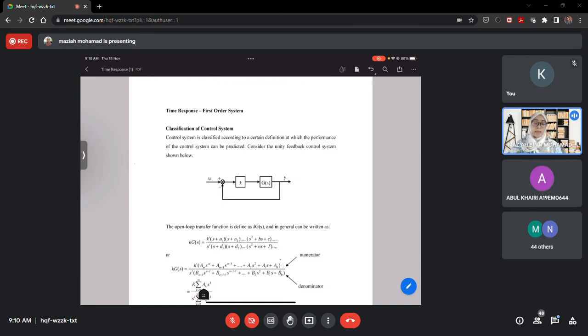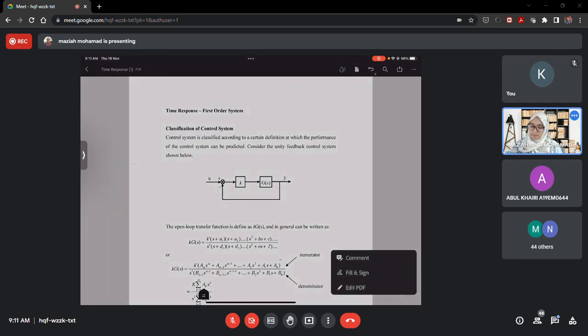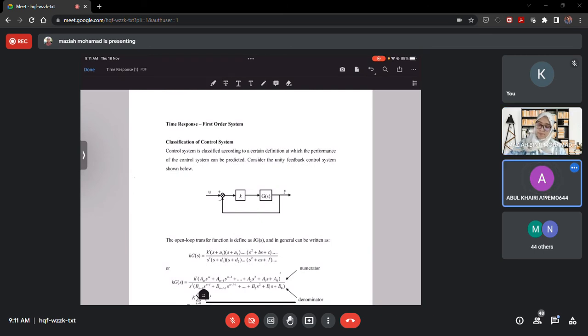We class the system. So first, in order to do the classification of a control system, we're going to consider the open loop transfer function. This is the first time you hear the open loop transfer function.